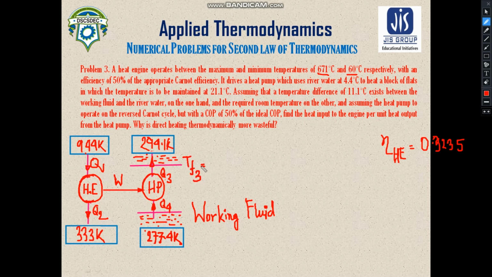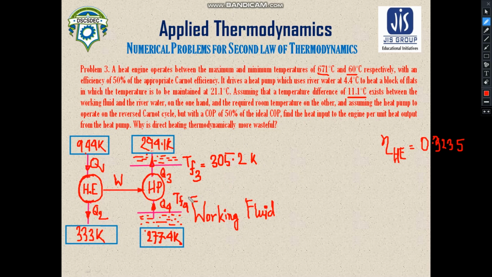This is the temperature of the working fluid. So here you need to maintain a temperature difference of 11.1 degrees Celsius. Then you just need to add it up so that a temperature difference of 11.1 degrees Celsius would be maintained here, but here you need to subtract it.